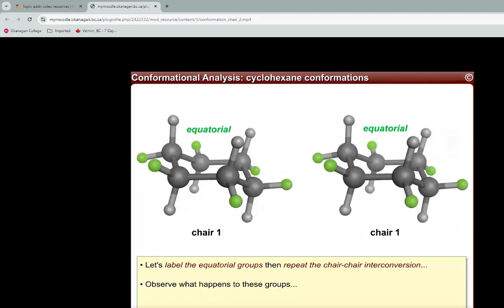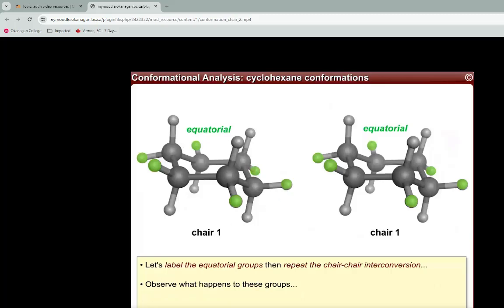And I'm going to pause the video here just for a second. So similar to the little demonstration that I just did, in this animation, they've highlighted some of the hydrogens as being green. And the two structures are identical. So pay attention to, for instance, this hydrogen right here, which is green, it's equatorial.